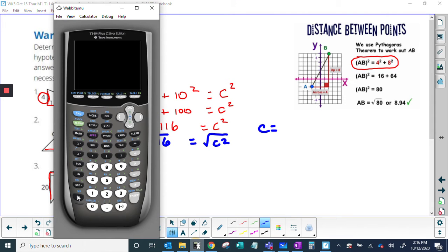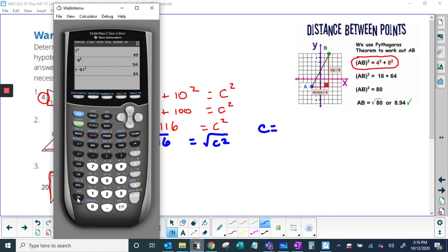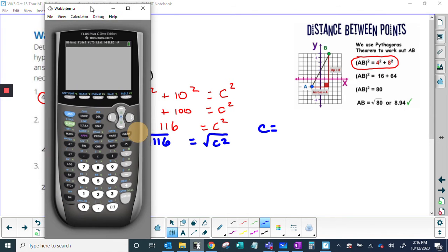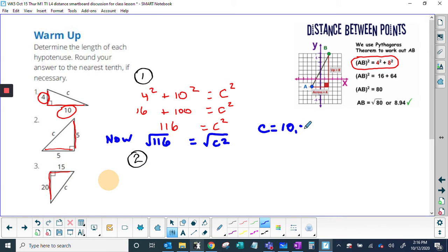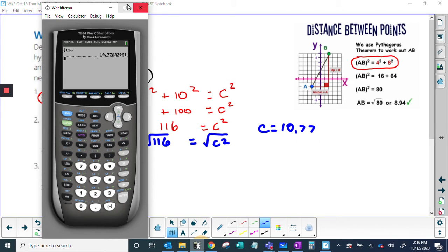Now, our square root button on this calculator is right here. Second, x squared, 116, enter. 10.77. Now the reason I wanted to spend a day on calculators is because, do you see I had to put the square root in first to get the answer?